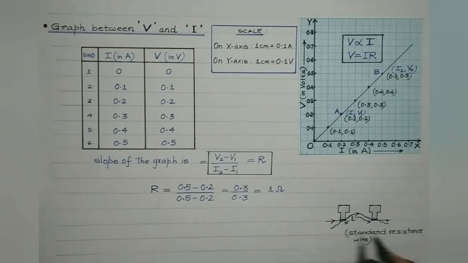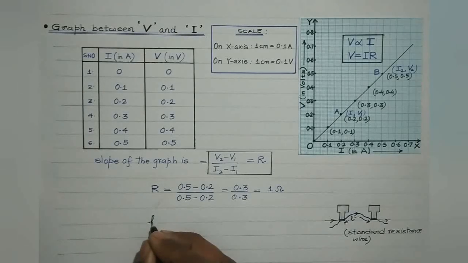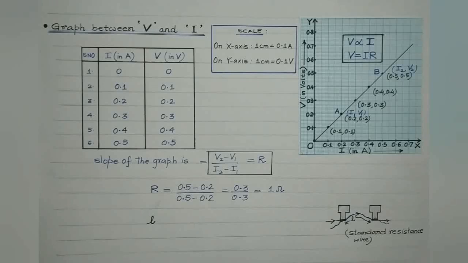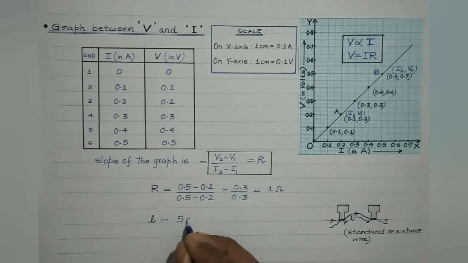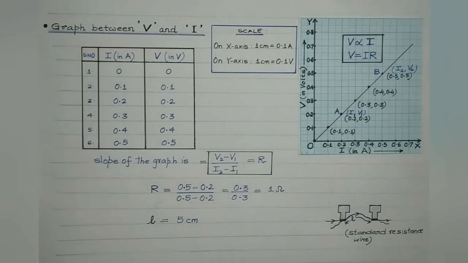This section is to be avoided because current will flow only through this section of the given resistance wire, right? Suppose the length of the given wire is found to be 5 centimeter. It can be easily measured with the help of a scale or a ruler, right?